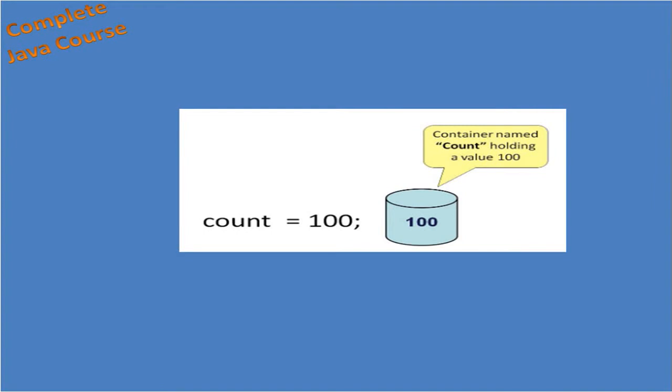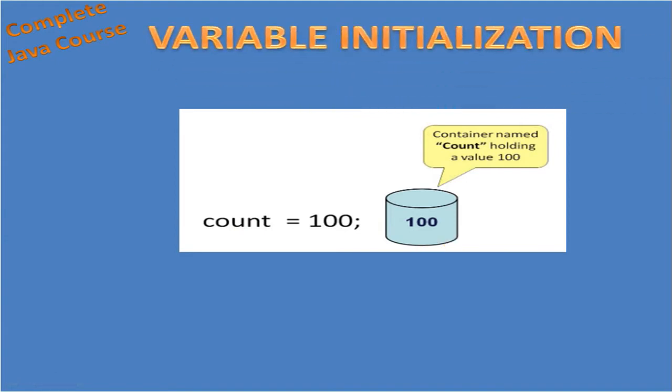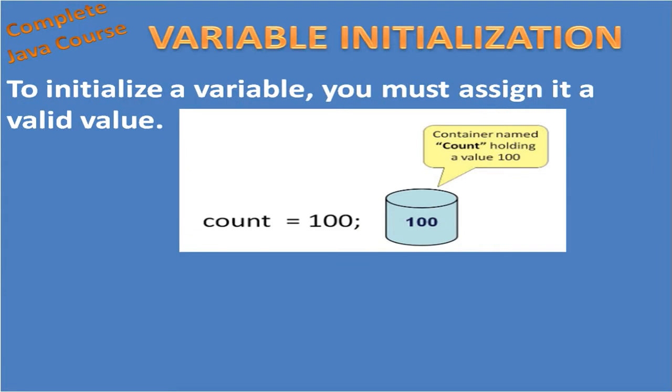Now you can see that if you define a variable count equal to 100, then it is showing 100. The container name is count, or we can say the variable name is count, and that variable is holding the value 100. This is called variable initialization. To initialize a variable, you must assign it a valid value.